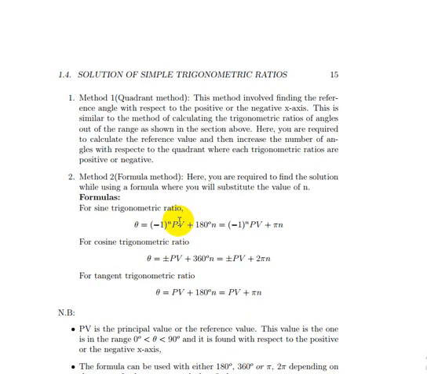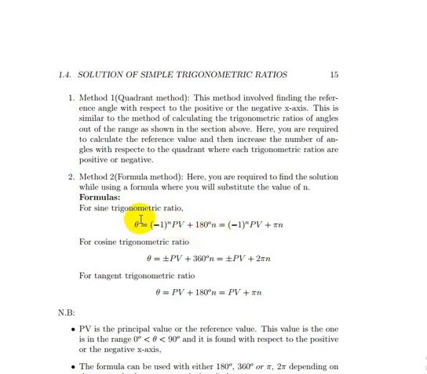Initially, when we've seen the sine of 120 degrees, the PV in this case is not going to be 120 degrees, but instead it's going to be 180 minus 120 degrees. That is going to be an angle with respect to the negative x-axis, and that is going to be 60 degrees. So the PV is going to be 60 degrees in this case.